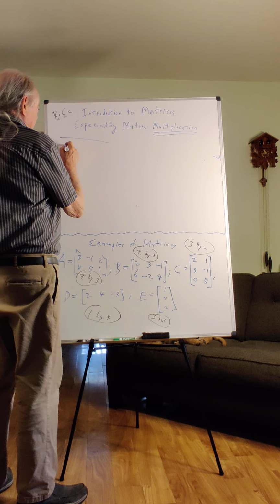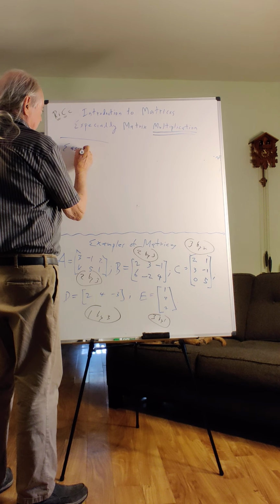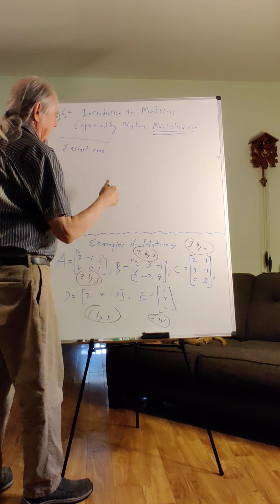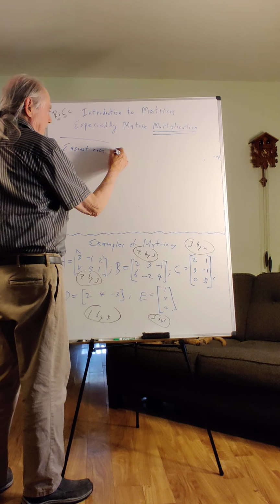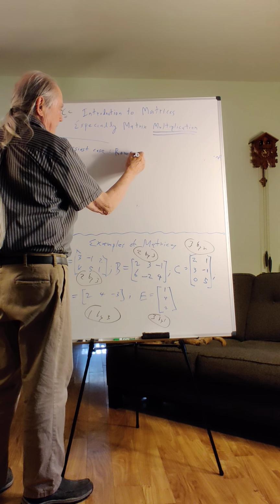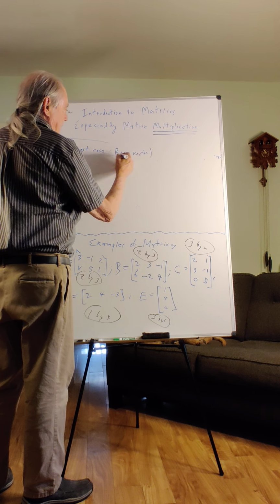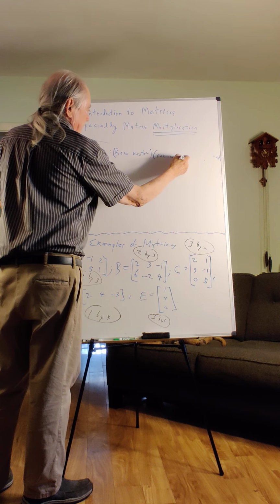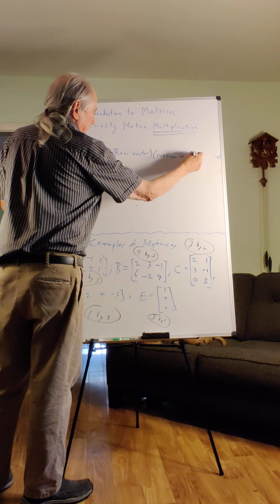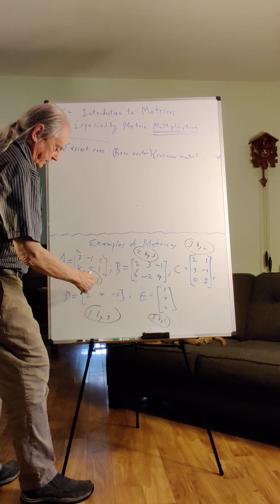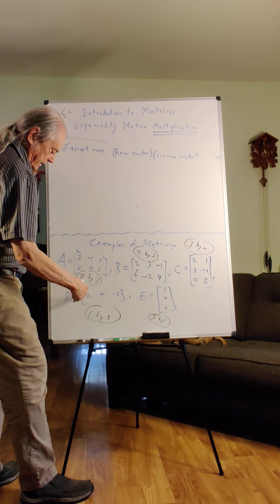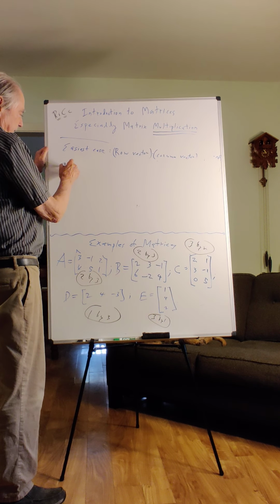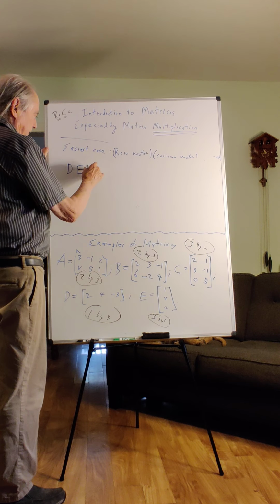The easiest case is something like D times E, when you have a row vector times a column vector. If a matrix only has one row or one column, it's called a vector. This is a row vector, this is a column vector. So let's multiply D and E. We can do that, it turns out.